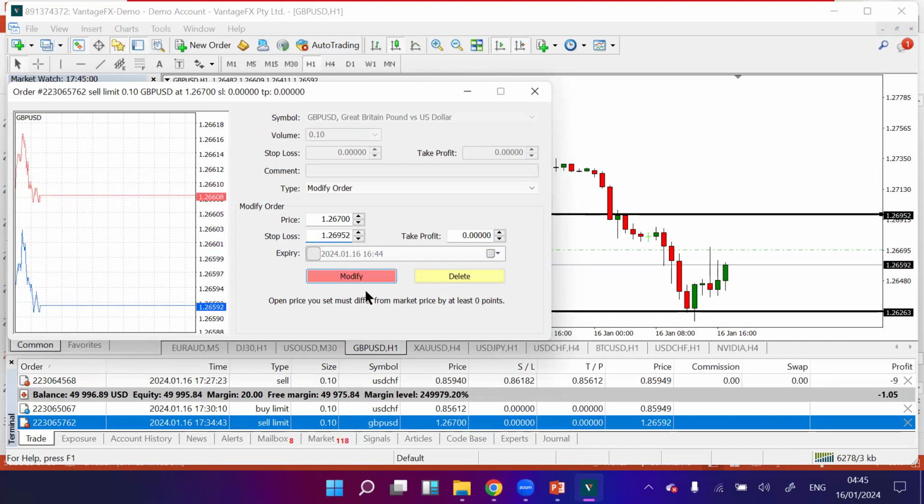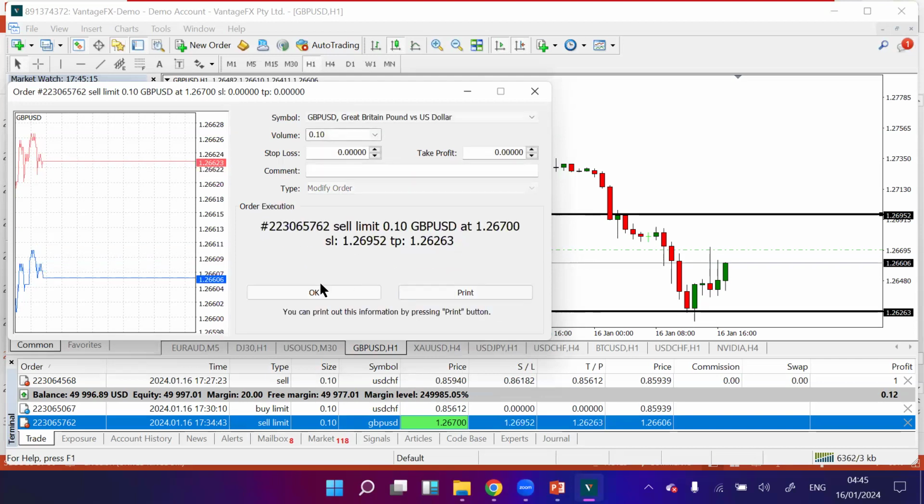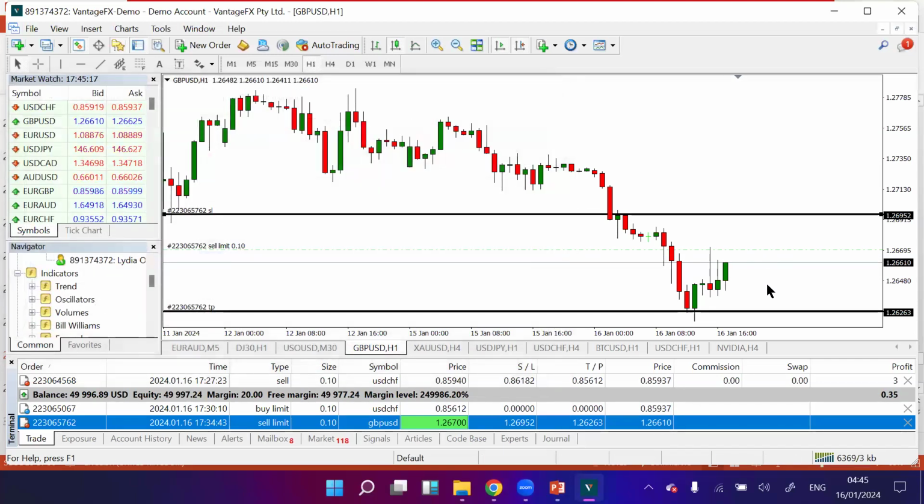Okay, so you see modify is highlighted now. Then take profit is 1.26263. You click on modify. So we've modified this trade. This trade is going to activate and then close by itself because we have our parameters in place already.